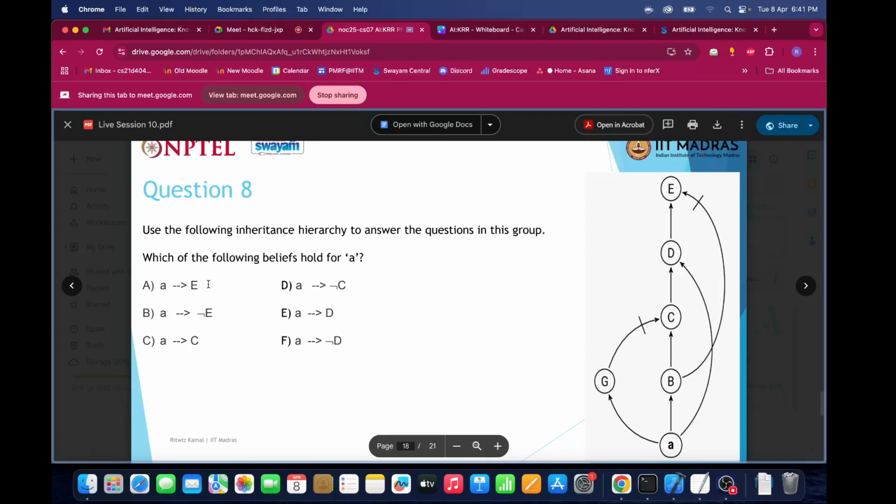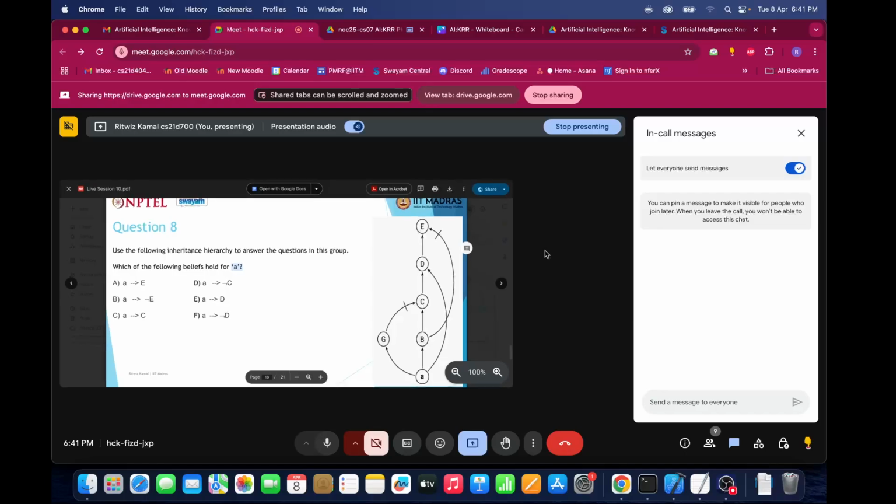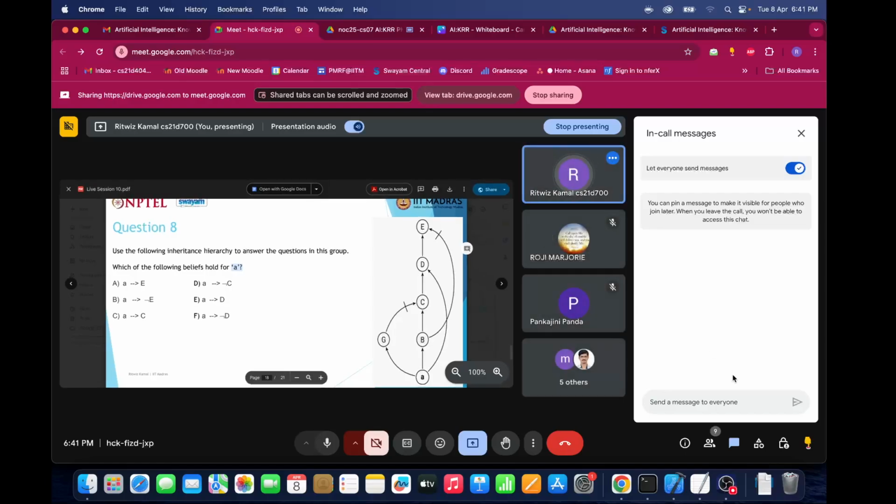So I was just referring to this one, that this arrow A arrow E basically means that A is a E. And then A arrow not C represents A is not C. So these are the different beliefs that could be possible. We have to select the beliefs that actually hold true for this given node A. So which of these do you think would actually be correct beliefs?